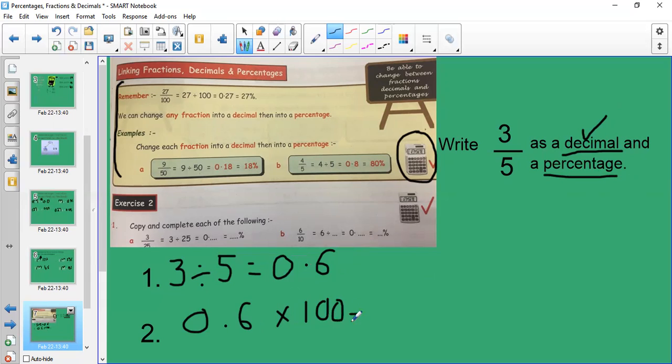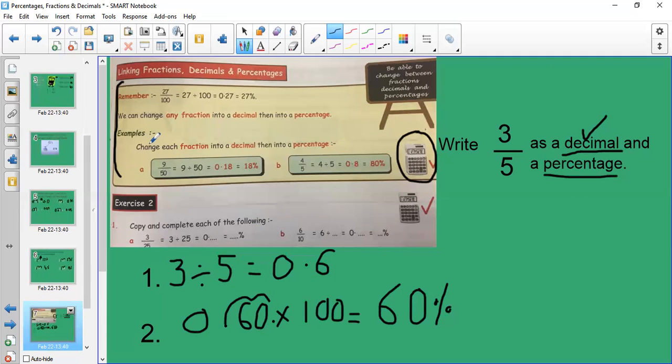And by doing that, you're just moving this decimal point forward 2 places. 1, 2. So the point goes here. Remember, you have to add in that placeholder. So 0.6 as a percentage becomes 60%. So 3/5 is the same as 60%.